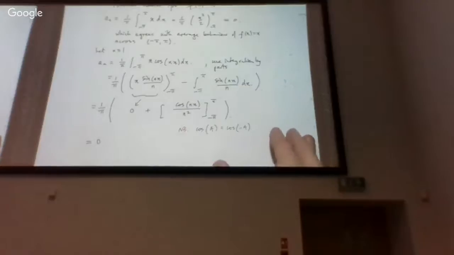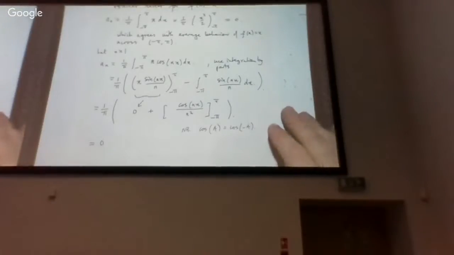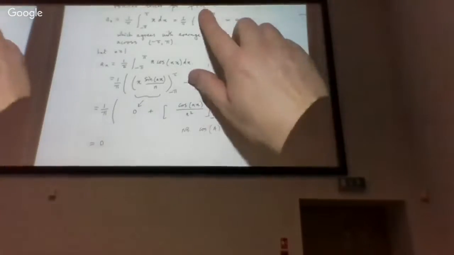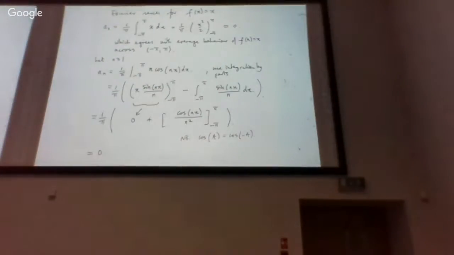Well, it's not uninteresting. There are no cosine functions in the Fourier series for this function f of x. There's no constant and there's no cosine function. So there better be some sine functions. All of the representation of this function f of x equals x is all piled onto the sine function. No constant term, no cosine functions.